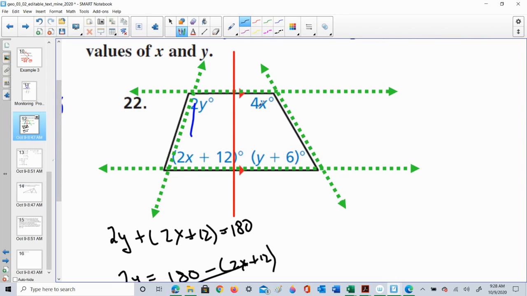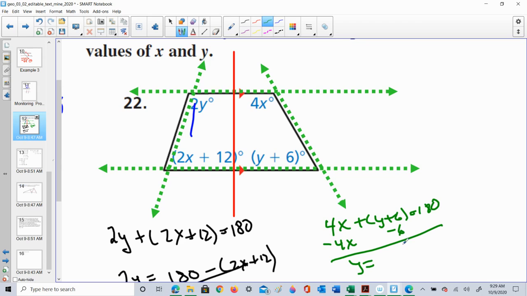And what about the other side? Here I'm going to add these two together and set it equal to 180. 4x plus y plus 6 equals 180. Now I want to get y by itself, so I'm going to subtract 4x and subtract 6. I get y equals 180 minus 6 minus 4x.